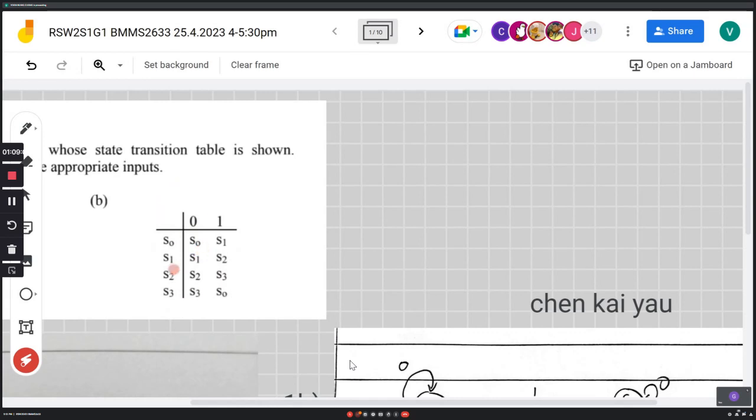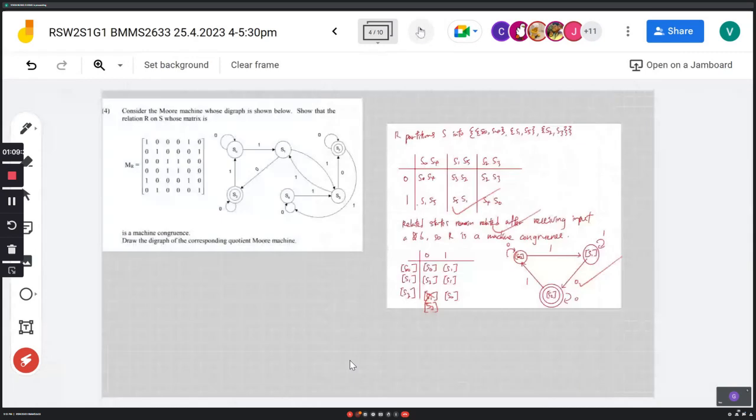And S2, if you start from here, then you have S3, input 1, input 0, and then another one is S1, input 1 again, then come to S1, 0, 0. So the answer is S1. Okay. For S3, you have 1, 1, 1, 0, 0, so S2. Okay. So check your answer, is it correct or not?